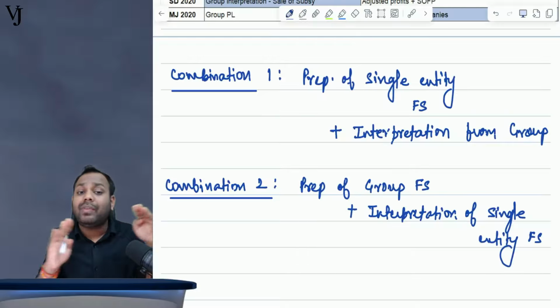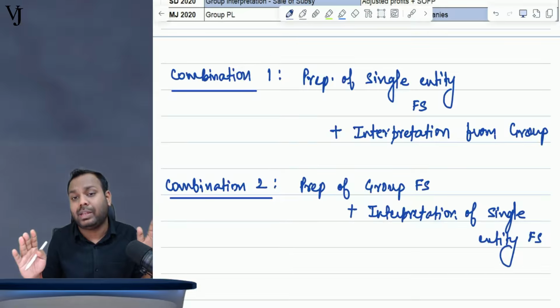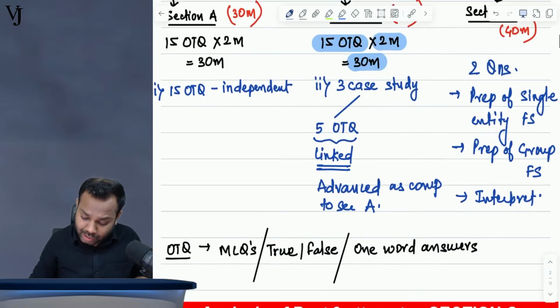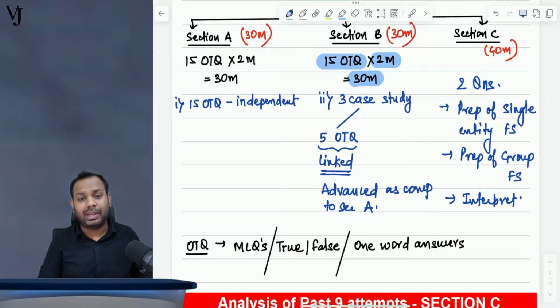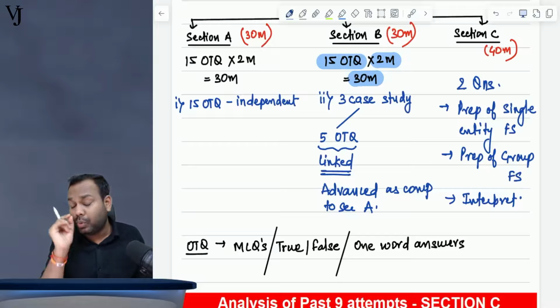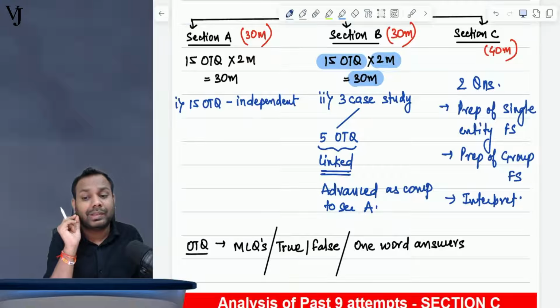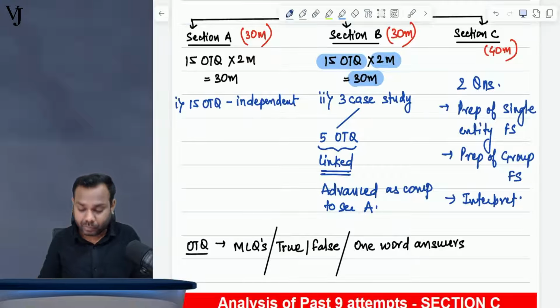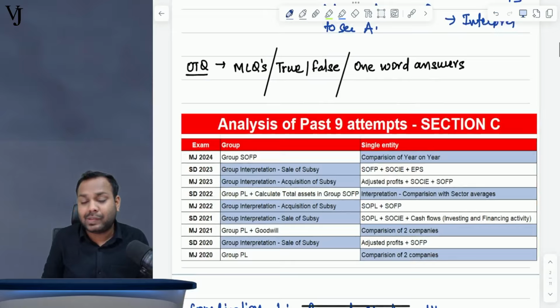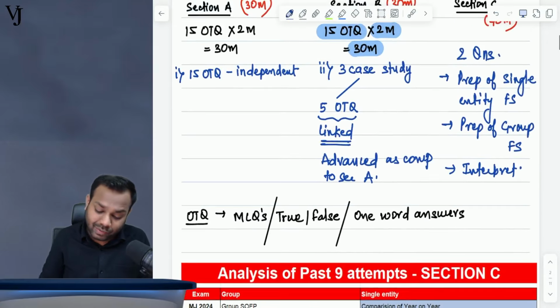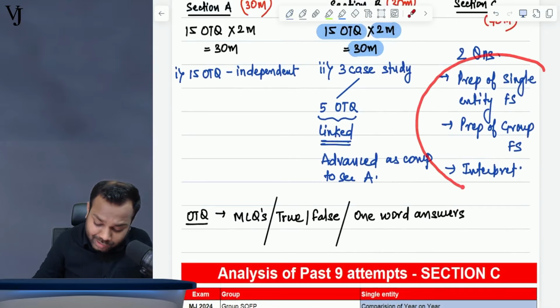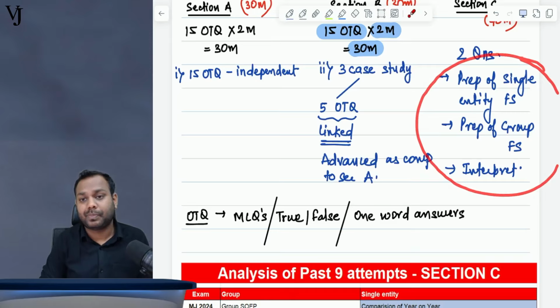These are the 3 areas where the question can be asked, and trust me, don't take risk with section C questions. I believe this analysis will give you a fair understanding that we can't take the risk of leaving any of these three chapters.